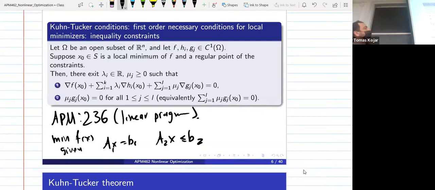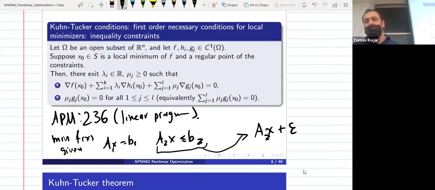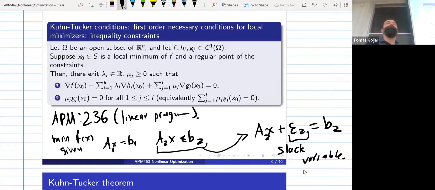And then you introduced the slack variable, so you turned this into an equality. You wrote it as A2X plus epsilon 2 equal to B2, and this is called the slack variable. So you added one more variable in your system. And the analogous thing is this mu. This mu is the slack variable from 236, because we want an equality constraint.